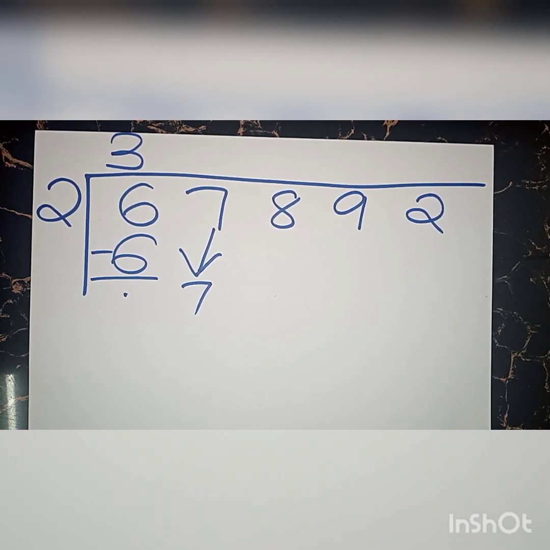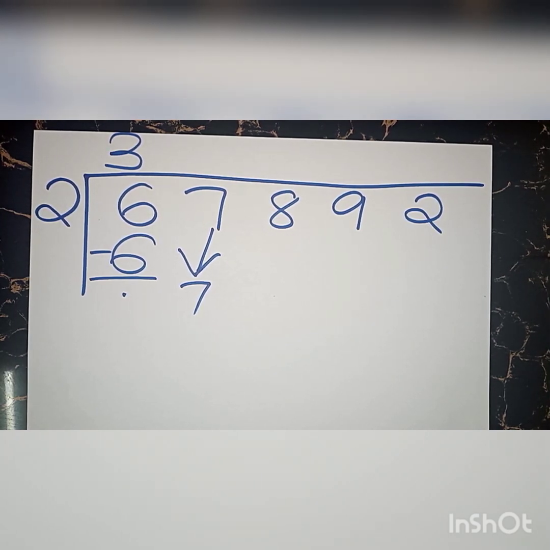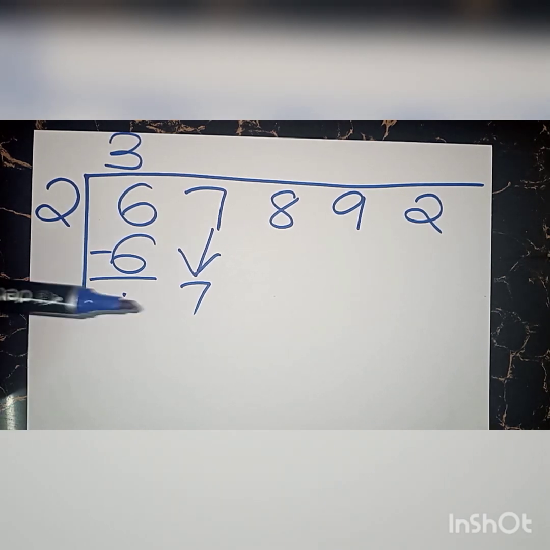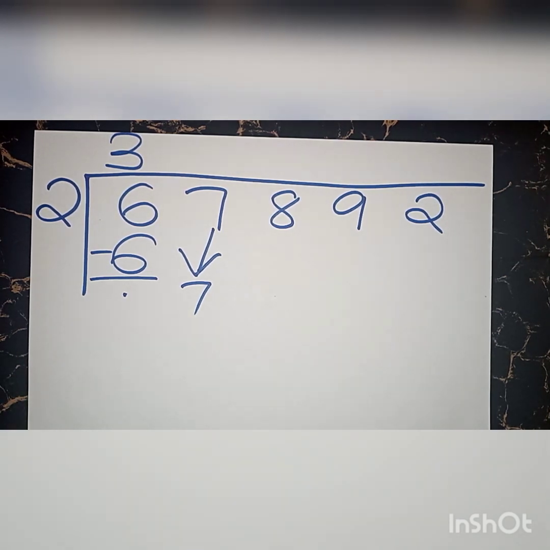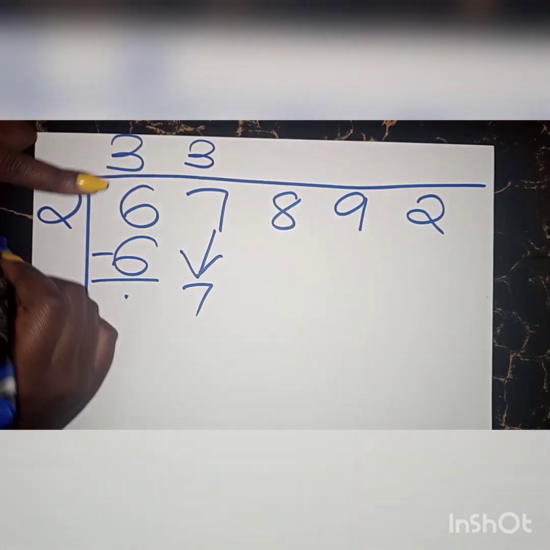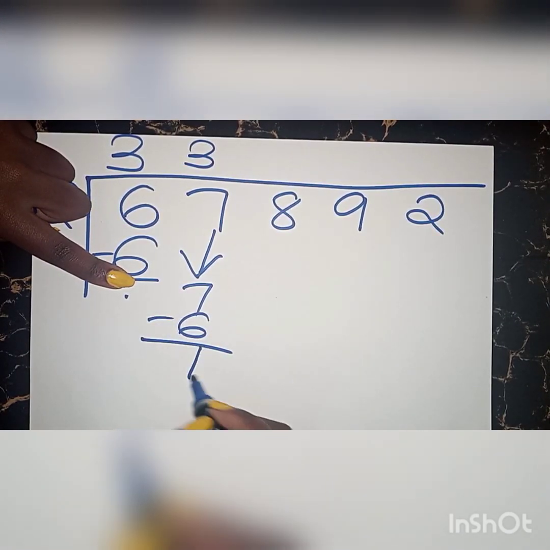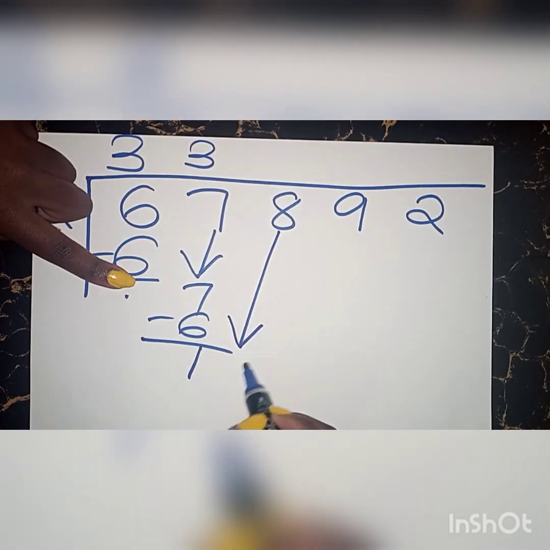When you're subtracting, we said that order really matters. You can only subtract when the bigger number is on top of the smaller number. So we'll go with 6 because 6 is smaller than 7. So 3 times 2 is 6. 7 minus 6 is 1. Drop the 8.